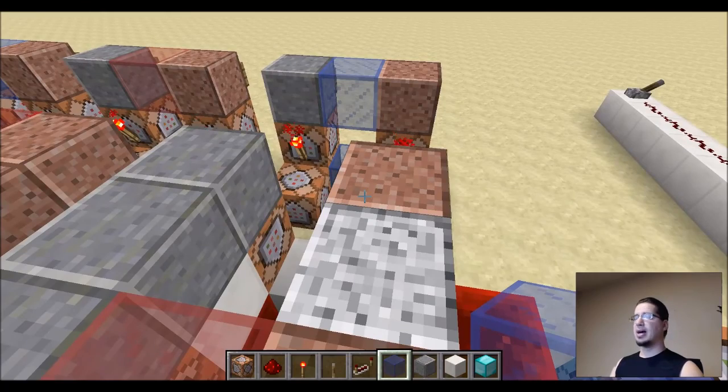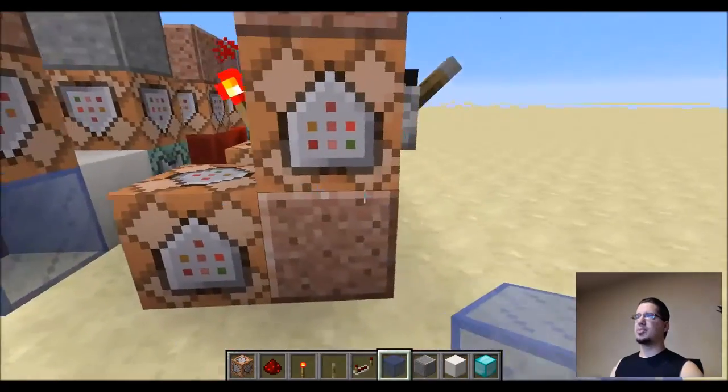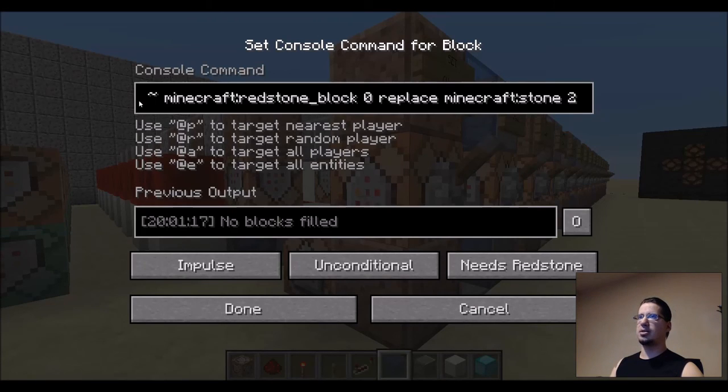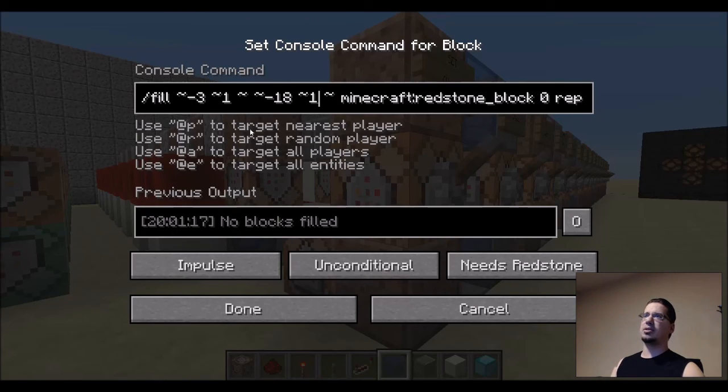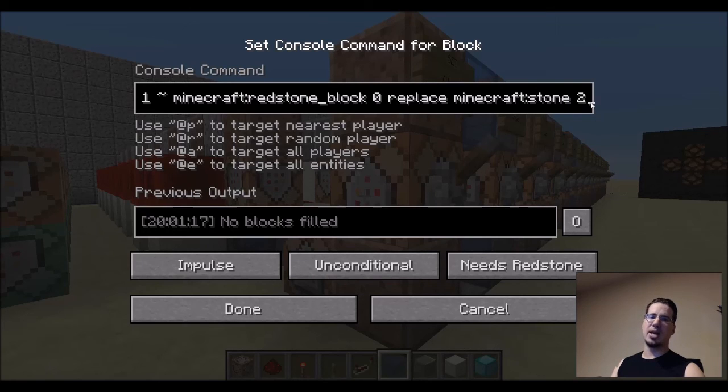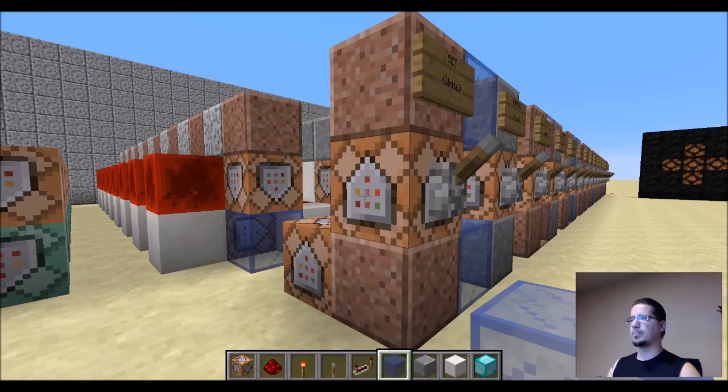Now, how does that help? It helps because what we're doing is we're doing a fill command. So we are filling the top row, starting at this block here, going all the way down here. And then we are putting in redstone blocks, but we are only replacing the granite. That's the only thing that we're replacing. The other stuff, I think that's diorite, we're not touching that. And so that's how alternating the blocks helps with that.